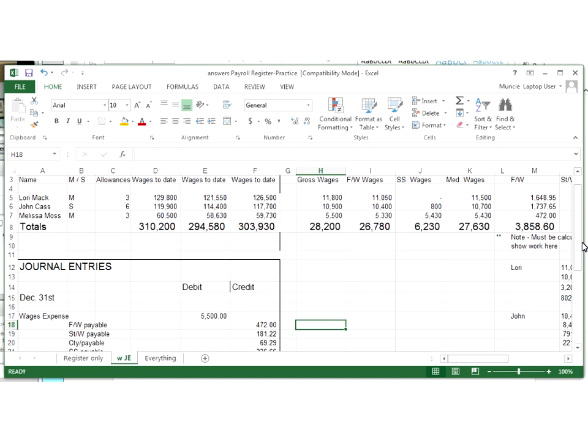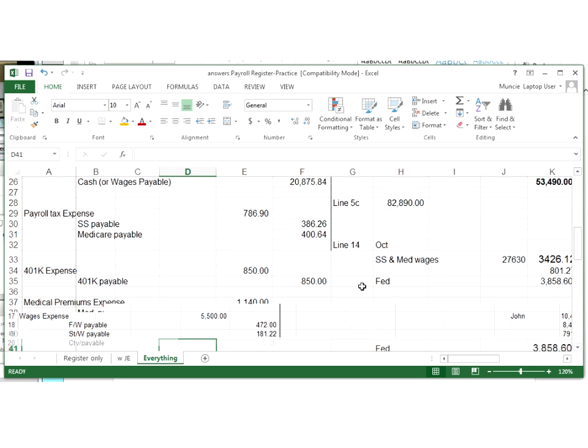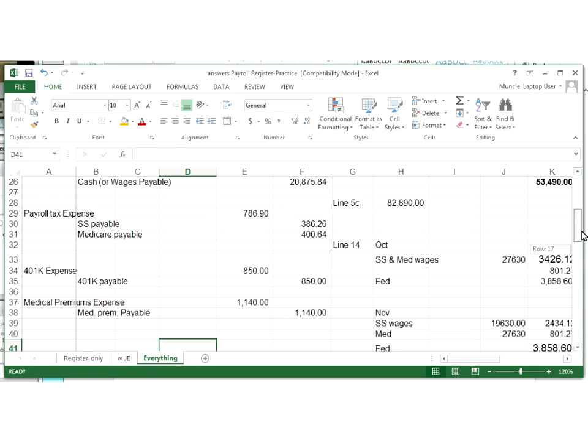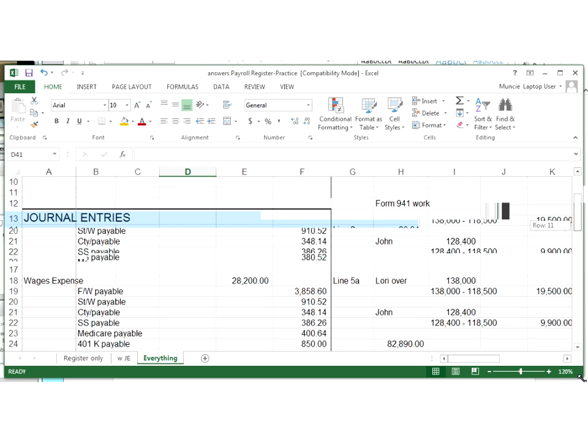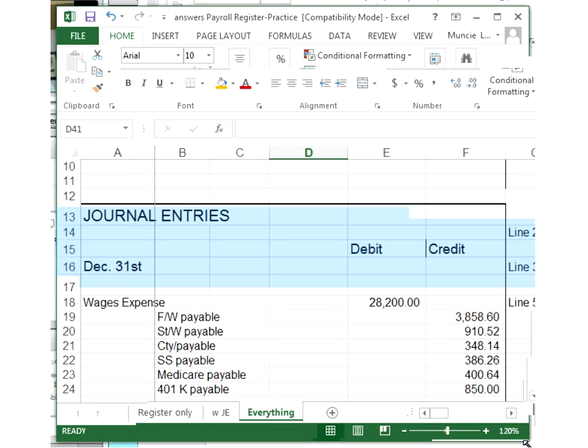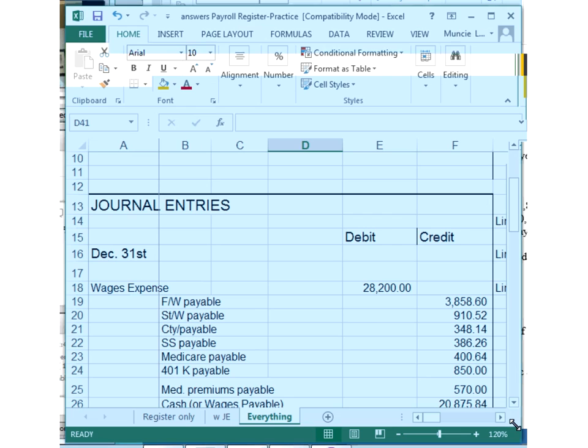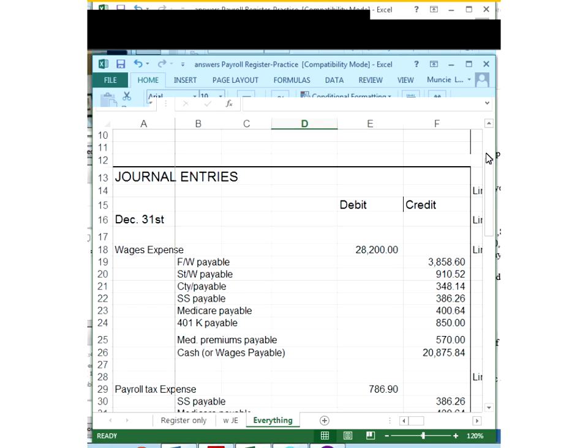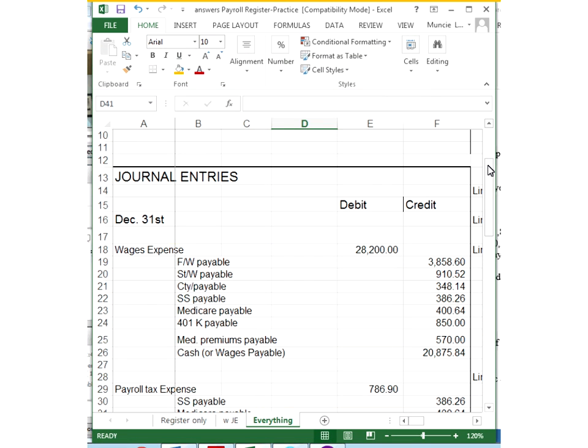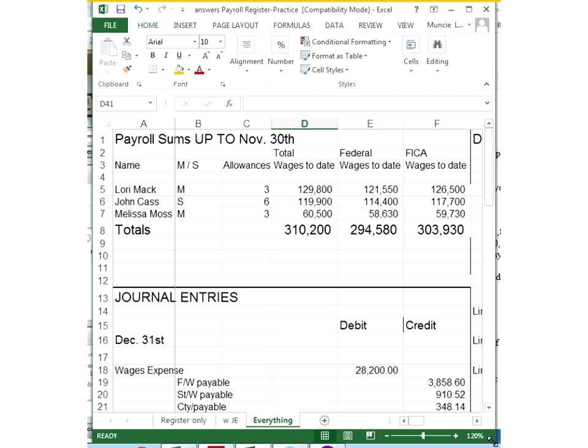So the first one, our wage expense. We had a total wages of $28,200.